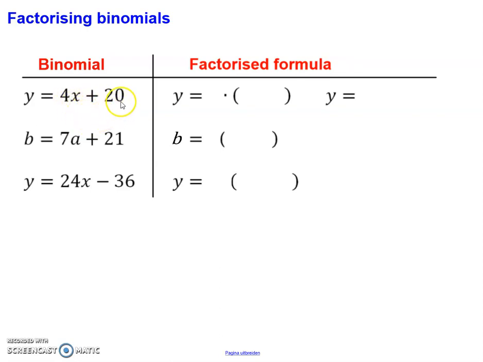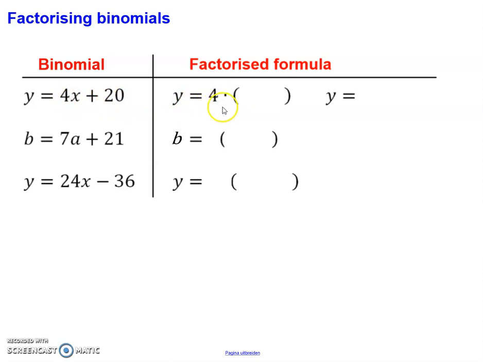You can also think, by what number can I divide this term, but also that one? So both I can divide by 4. So I copy the y is over here, and then I take my 4 and I put it over here.